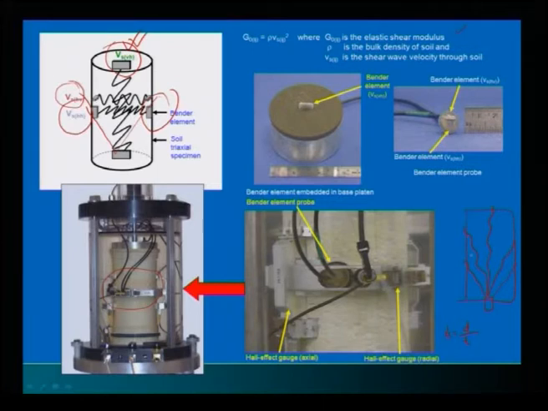Particularly in this case you fix the first half of the distance, so if you know this distance x, you can determine the radial travel distance. That is why the bender element has been placed at the half of the soil sample. You see, this is your bender element probe.